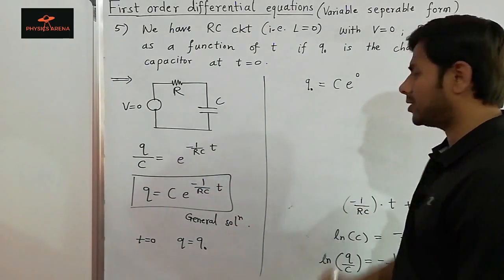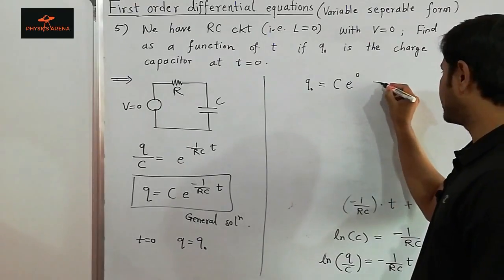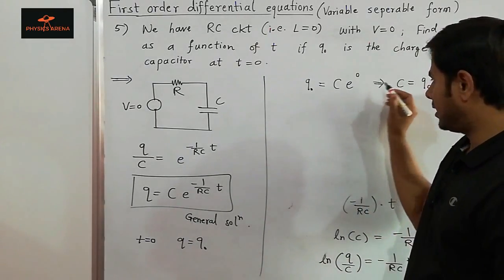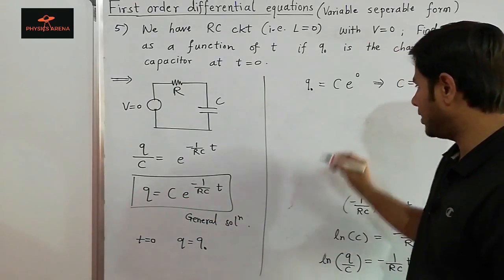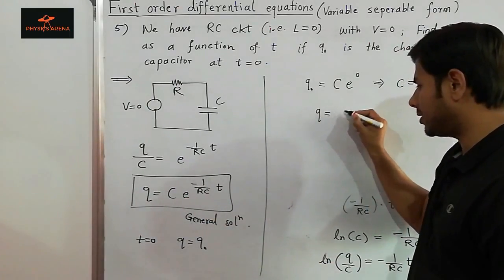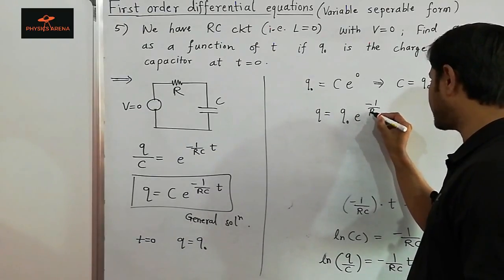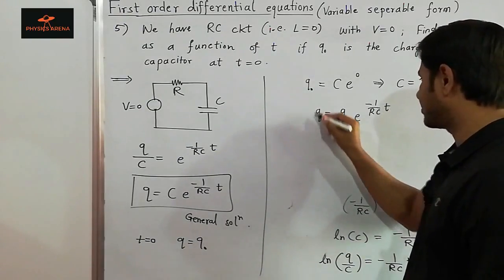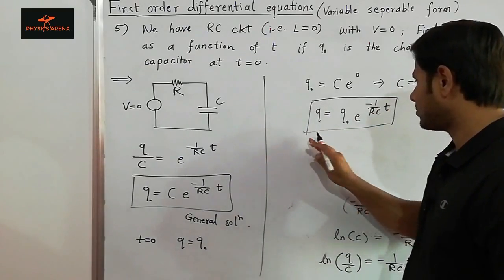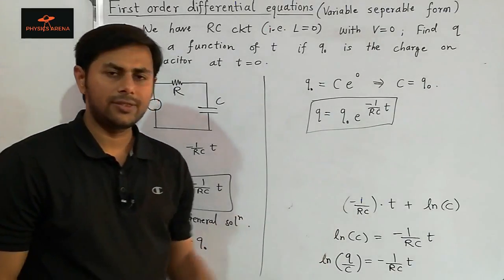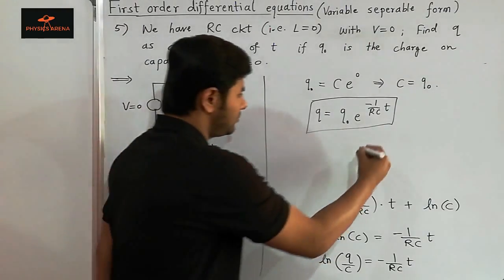So it is e raised to 0, which is 1, which implies C equals Q naught. And let's substitute this in this equation. So we have Q equals Q naught e raised to minus 1 over RC times t. Okay, so this is the particular solution.